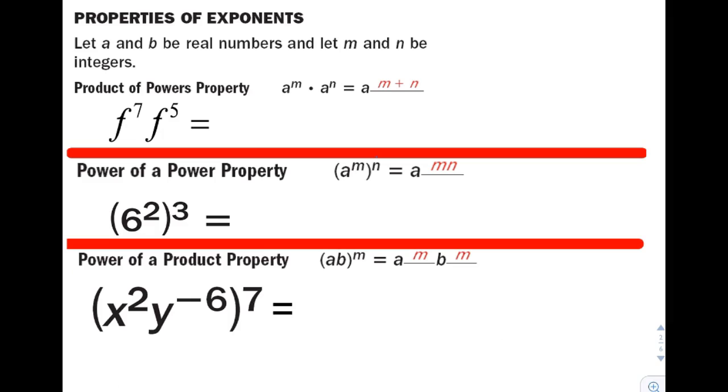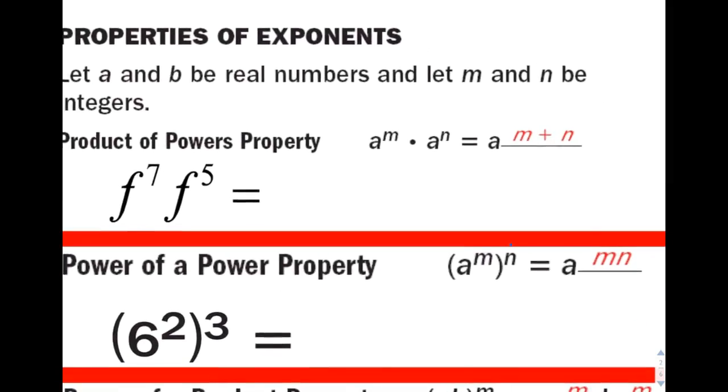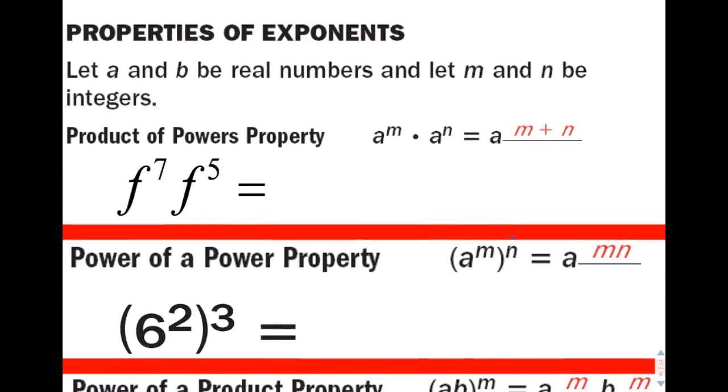The first one is the product property, and this is one that we can show quite easily just by writing it out. Basically what it says is that if you've got two powers with the same base, you are simply going to add your exponents. So f to the 7th times f to the 5th is going to turn into f to the 12th.